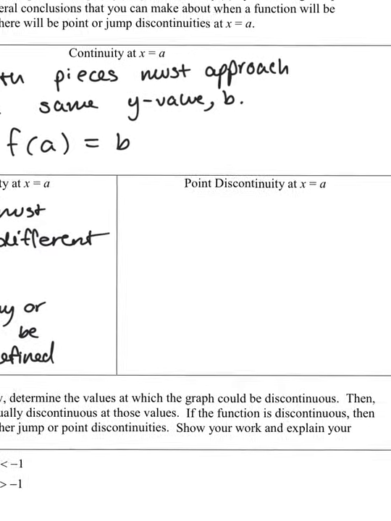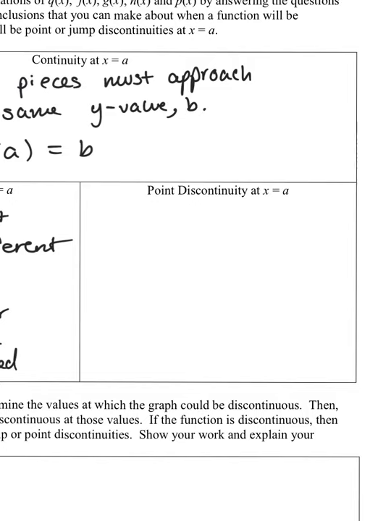And then what about point discontinuity? One, do they both approach the same y value? Yes, because it's not a jump.